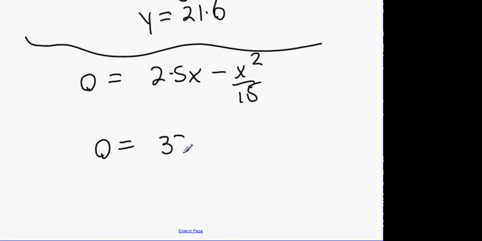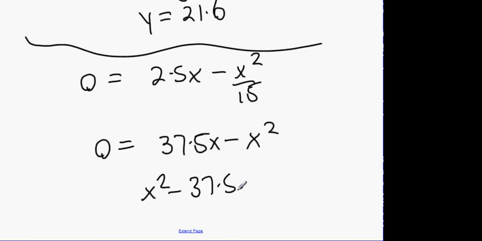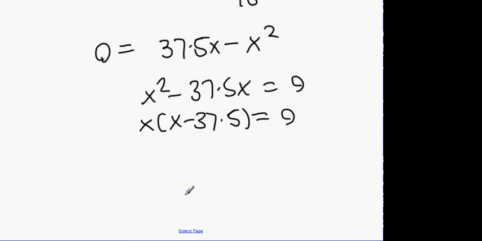So it's going to be 37.5x minus x squared. What we're going to do is turn this around and factorize. Take out x. So the answer is x equals 0, which is where you started, or x equals 37.5.